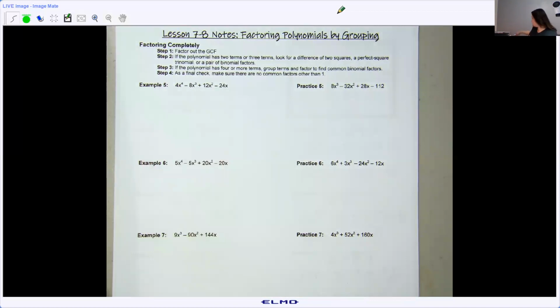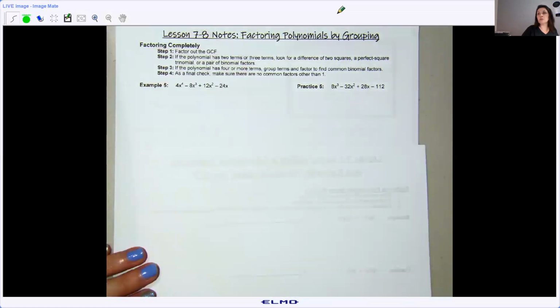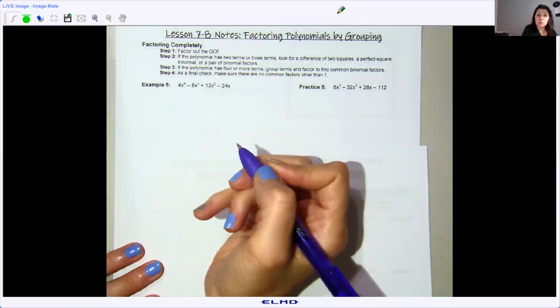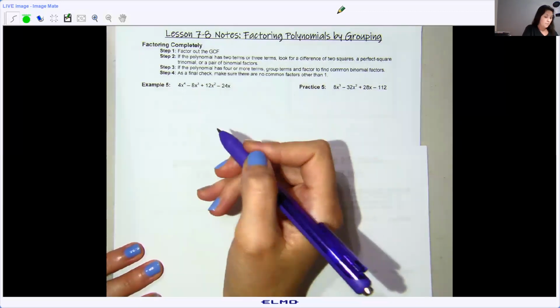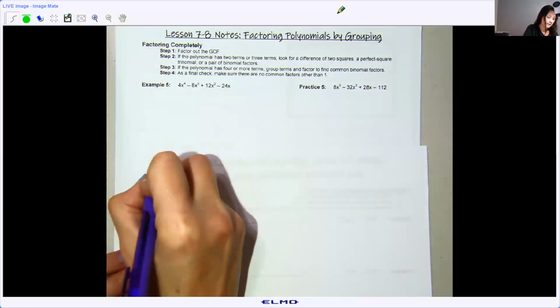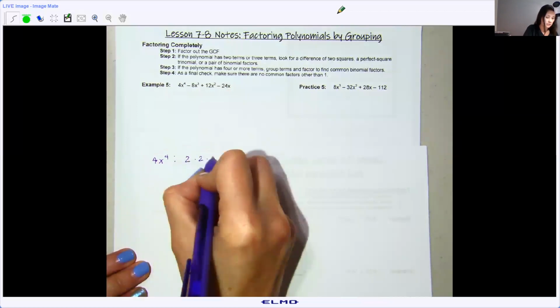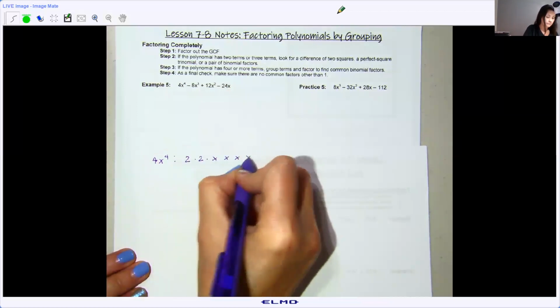Now, if you were going to factor this out yourself, and for those of you who can factor without doing this, you can skip this part, but for those of you who need help with factoring, I have 4x to the 4th, and that factors out to 2 times 2, and then 4 x's.